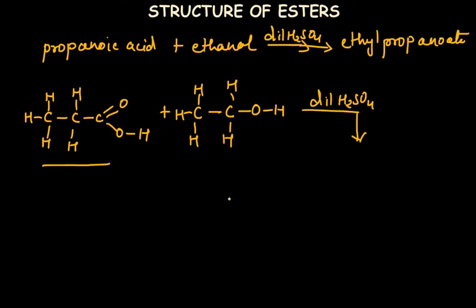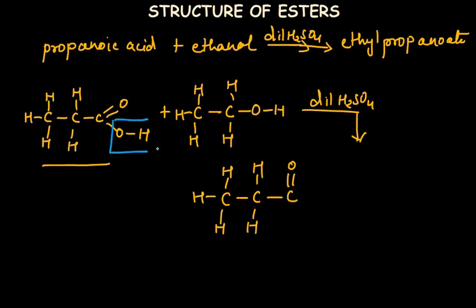So let's draw the acid part with the 3 carbon chain first. The third carbon has a double bond O, and the 2 carbon with the remaining hydrogen with no change. The remaining hydrogen are drawn without making any change. Now as I said earlier, the OH part of the carboxylic acid is removed and the hydrogen from the alcohol is removed to make the water as a byproduct, it being a condensation reaction.